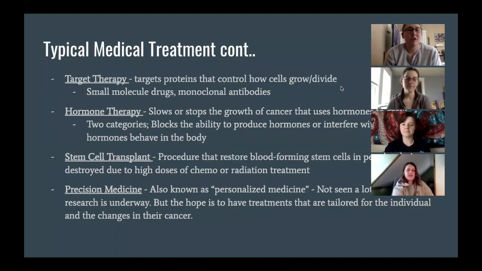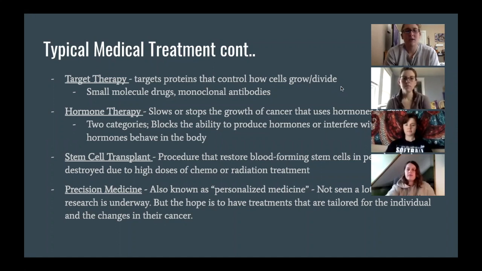Continuing with treatment, there's targeted therapy, which targets the proteins that control how cells grow and divide. It uses small molecule drugs and monoclonal antibodies. And then hormone therapy slows or stops the growth of cancer that uses hormones. There are two categories: one blocks the ability to produce hormones, and the other interferes with the hormones and how they behave in the body.